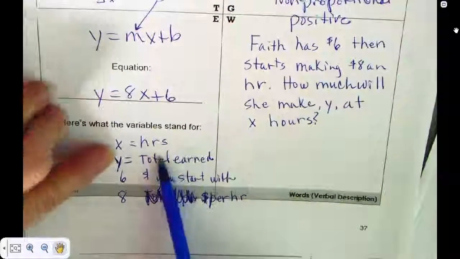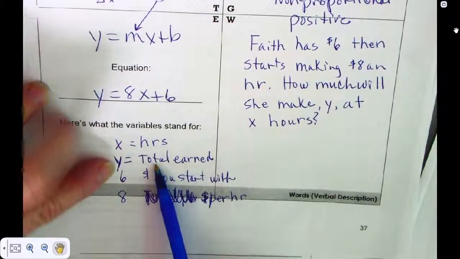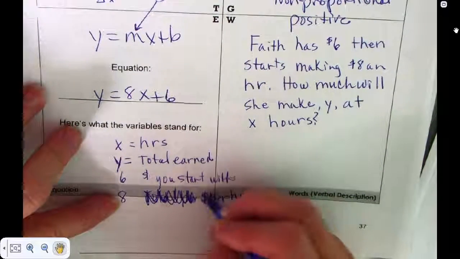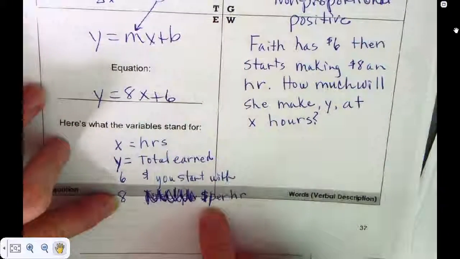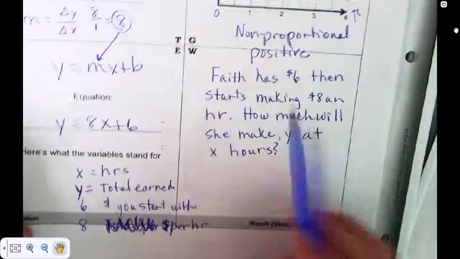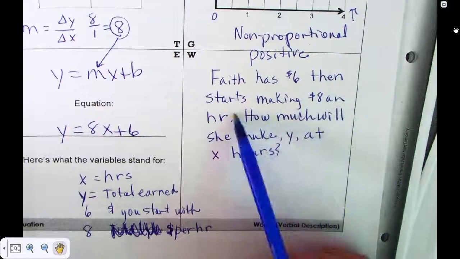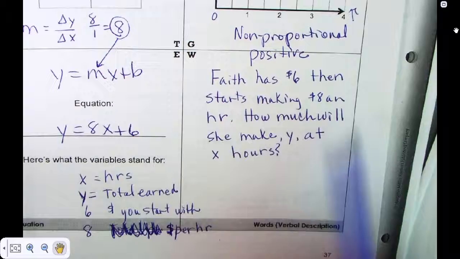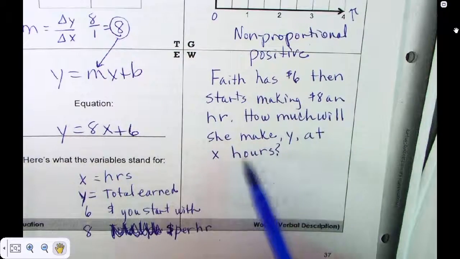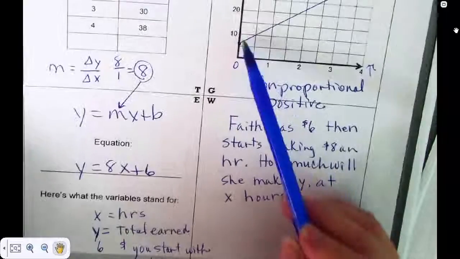X is the hours, and Y is the total earned. So 8 would be the amount you earn per hour. And then we're going to say Faith at $6, then starts making $8 an hour. How much will she make Y at X hours? And then we go graph it.